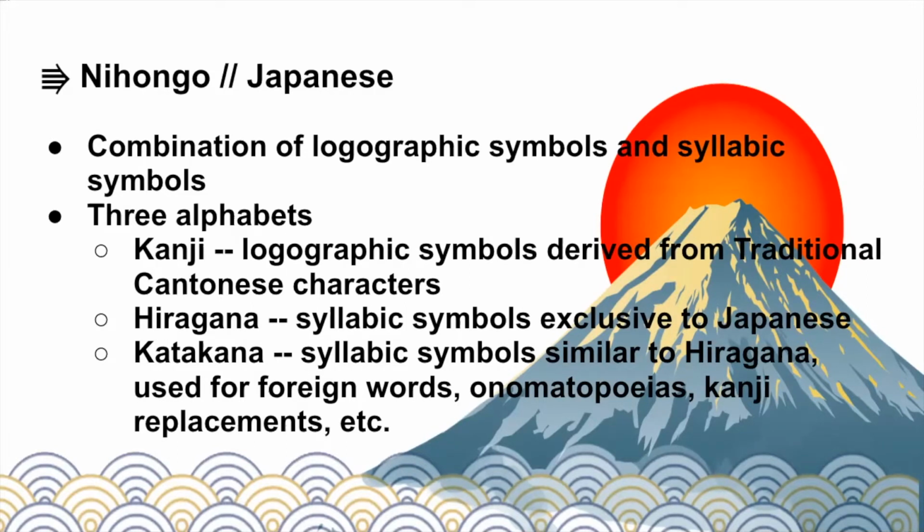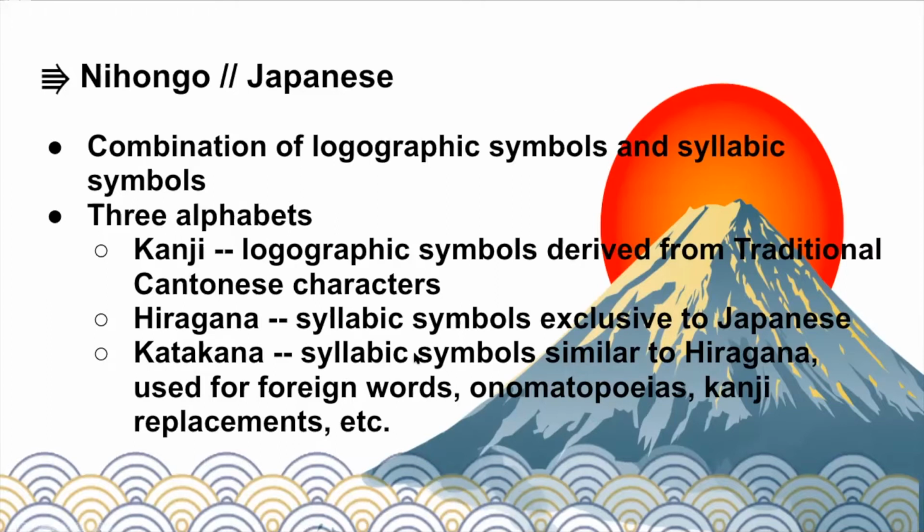And then there's hiragana, which is exclusive to Japanese. And hiragana and katakana are both the syllabic symbols. So they stand for syllables like a, i, u, e, o, ka, ki, ku, ke, ko. Each one would be a different hiragana character.